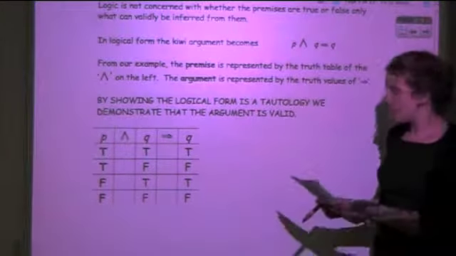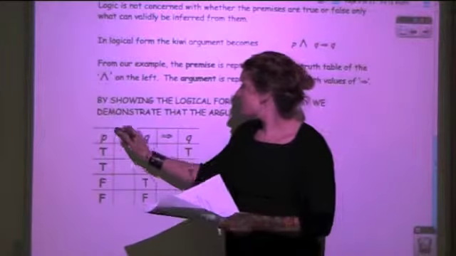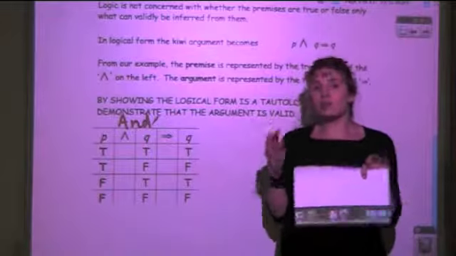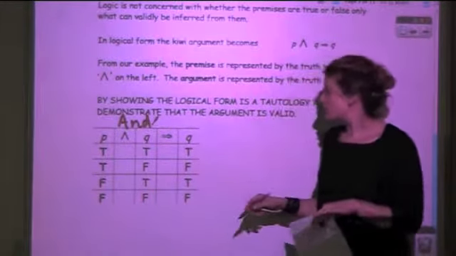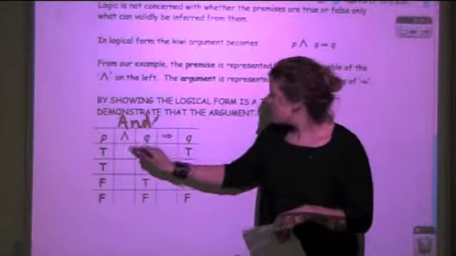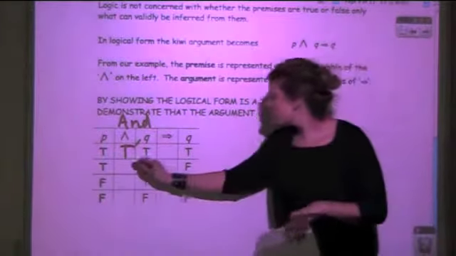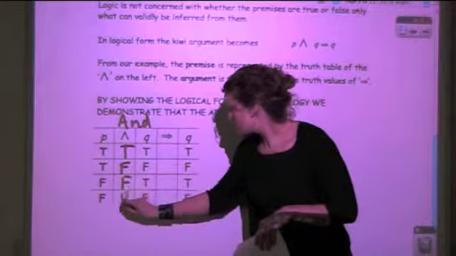Remember, we've got the conjunction of P and Q. Remember, it looks like a giant and. So we only get a true value when both P and Q are true. So looking at just P and Q, that's the only position where we've got two truths, and everything else becomes false.